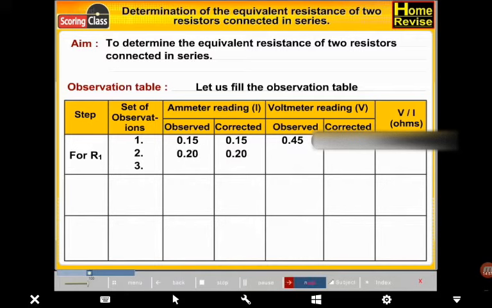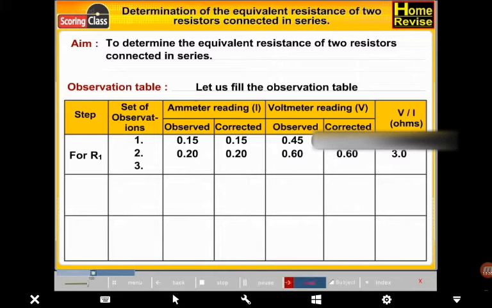For second set of observations, ammeter reading observed is 0.20, corrected is 0.20, voltmeter reading observed is 0.60, corrected is 0.60. It is 3.0 ohms.